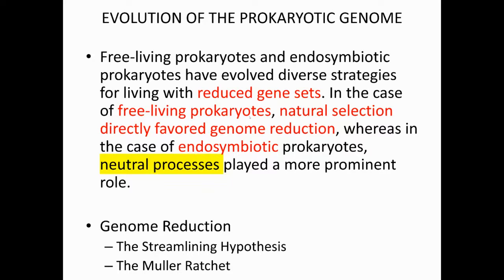For the free-living prokaryotic cell, natural selection would be more important because it plays a role that directly favors genome reduction. For the endosymbiotic prokaryote, they rely on the neutral process. So what is the neutral process? Anyone know what the neutral process is?